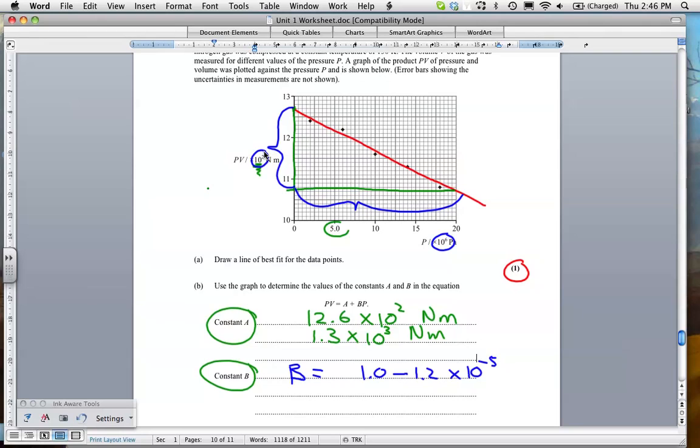The units that you'll have will be Newton meters divided by your pressure, which is Newton meters to the -2. The newtons cancel, and so you're going to have meters to the 3, which makes sense because when you divide the two, you've got a PV divided by a P, your pressure cancels, and you're left with the volume. So that will be your value there.